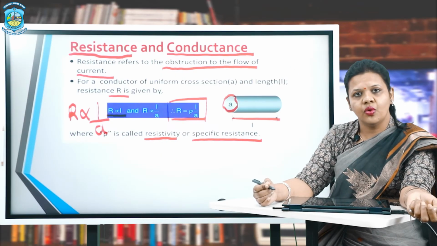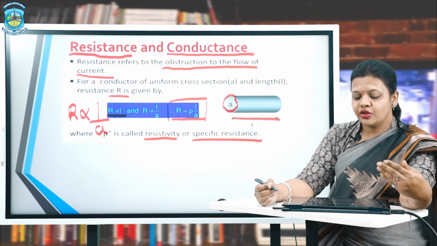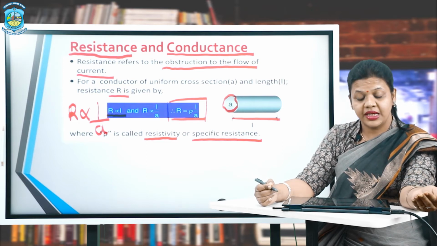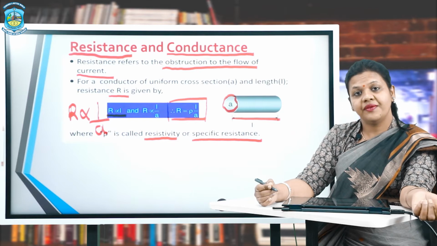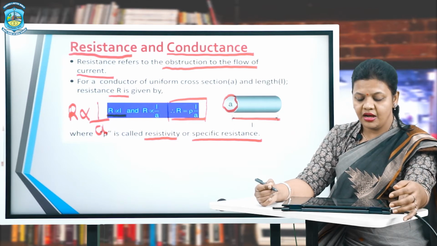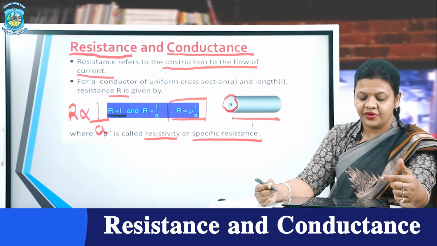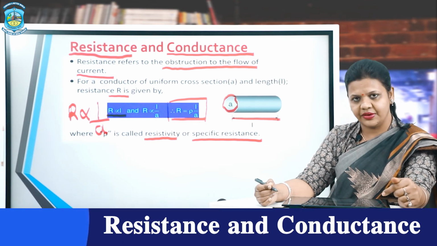By this we know that if the length of the conductor will increase, the resistance will increase, or if the cross-sectional area will increase, the resistance will decrease.